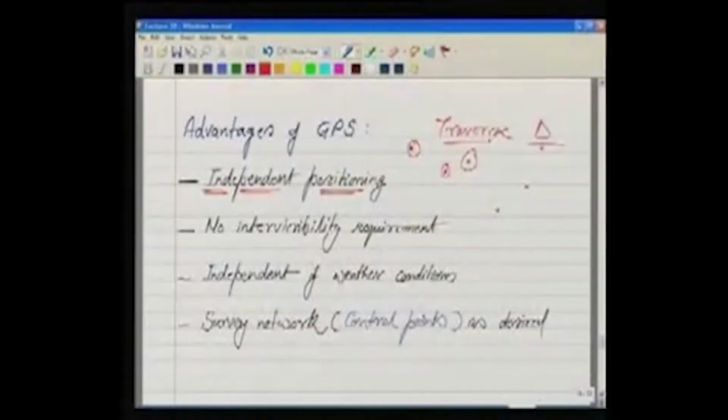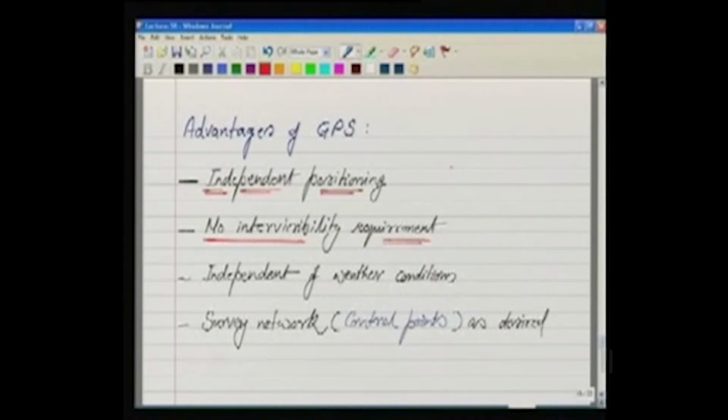This is very important. Then we don't have any intervisibility requirement. If you are using GPS for survey, wherever you go, the only requirement is that from the GPS you should be able to see the satellites. It is not that you need to see the other station, as in the case of traverse or triangulation.